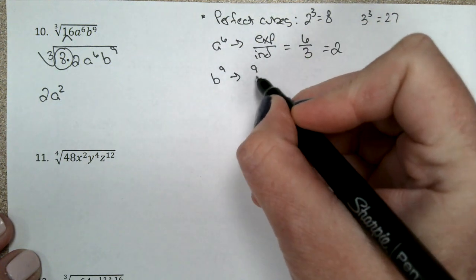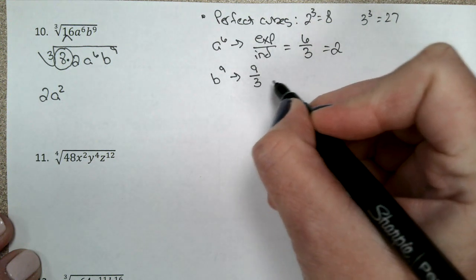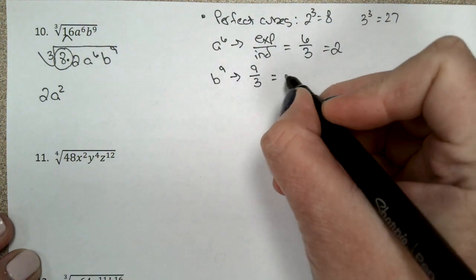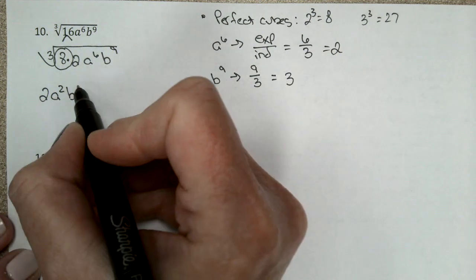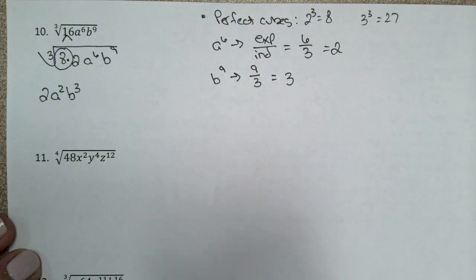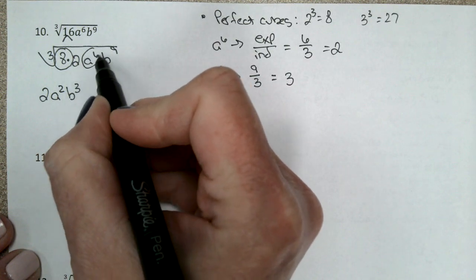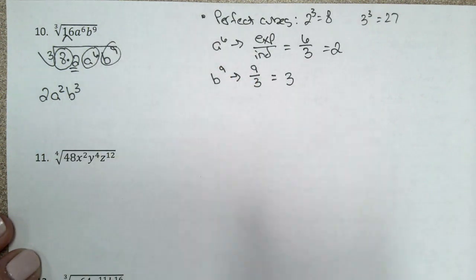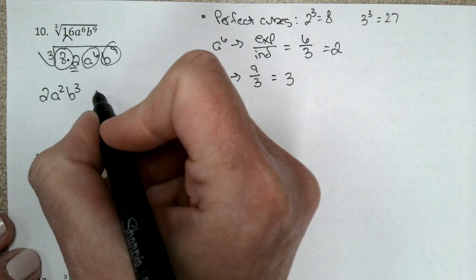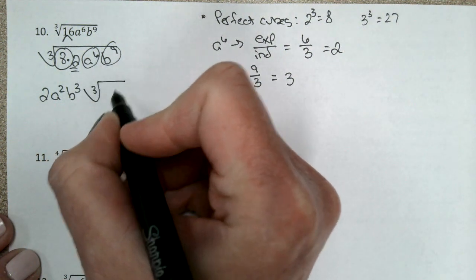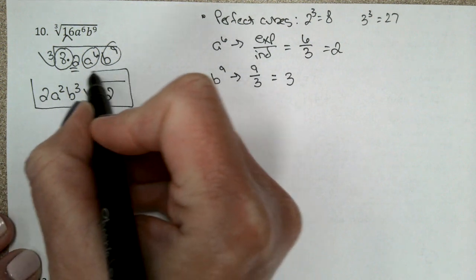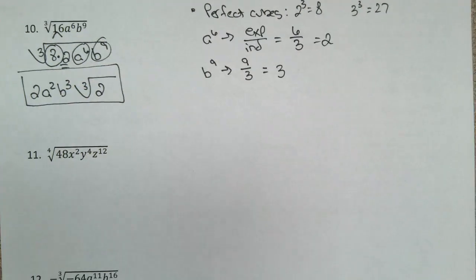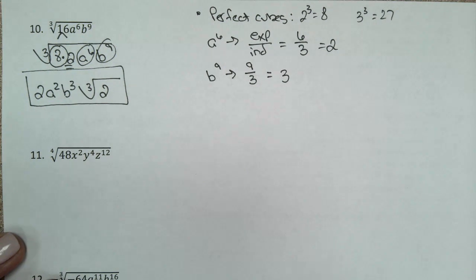You take the exponent divided by the index. 9 divided by 3 is 3. That means that I can pull 3 b's out. And then I never did anything with this leftover 2. And so it is going to stay under the radical. So that is how you simplify a cube root.